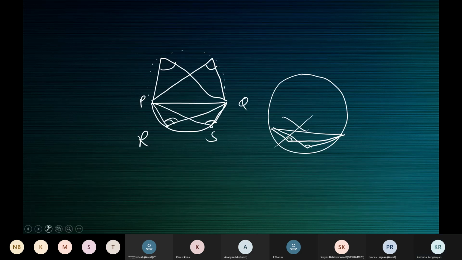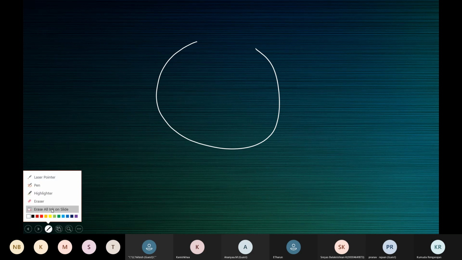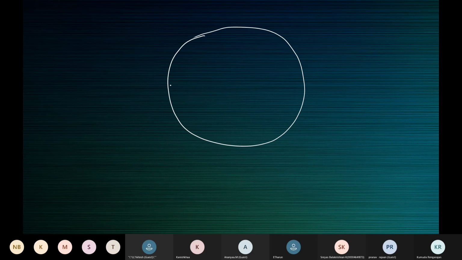Let's see that. Semicircle, so we have to take up the diameter. Now each of these arcs is a semicircle.